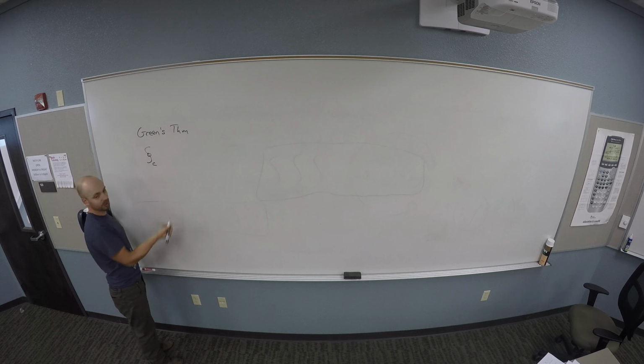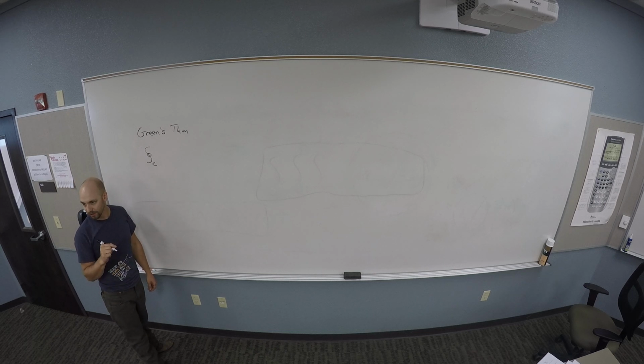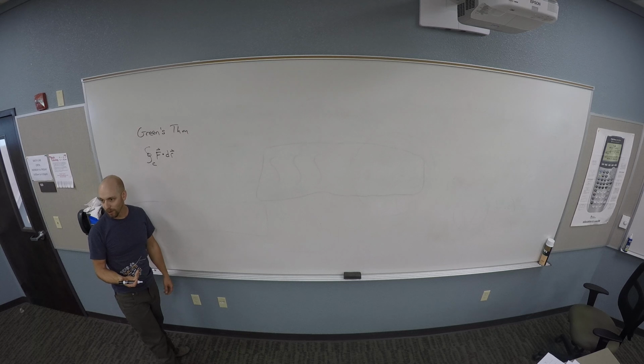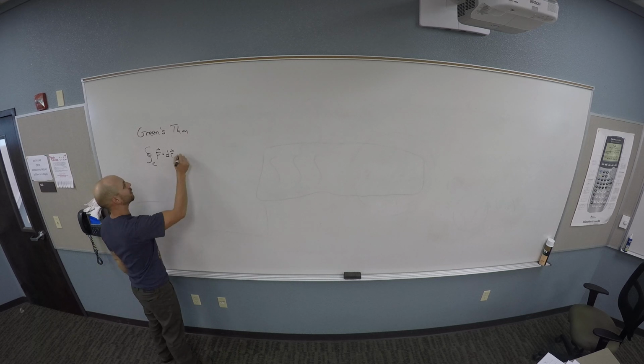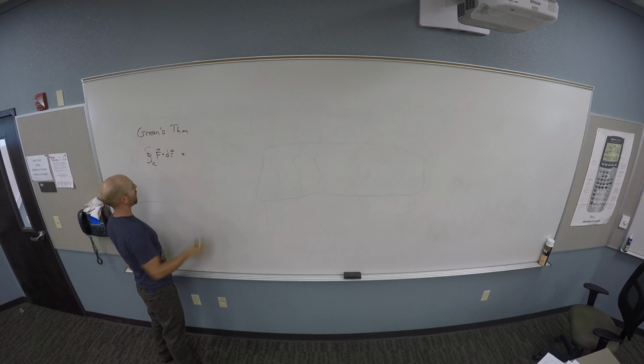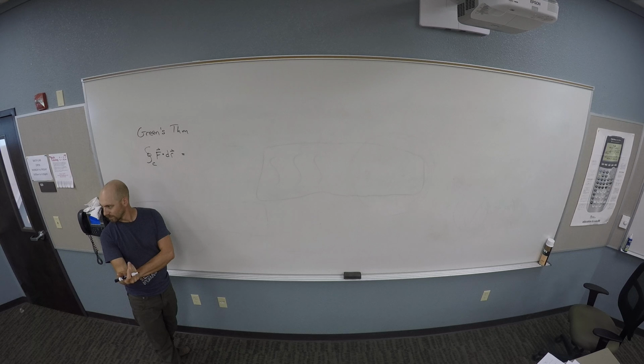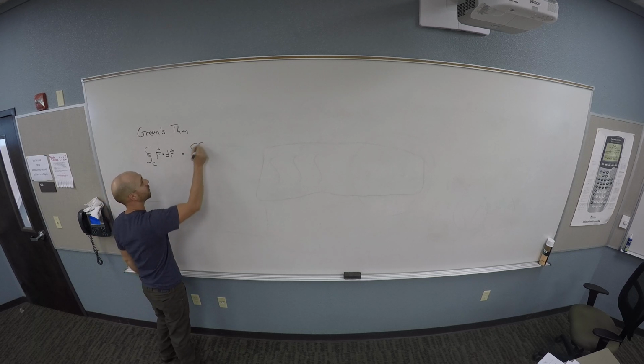So Green's theorem takes a closed integral around a loop of some vector field dotted with dr, and gives you an alternate way to express this in terms of what? So it takes a line integral and turns it into an area integral, right?